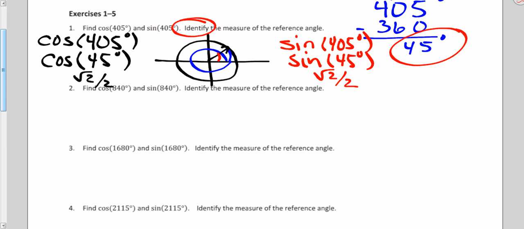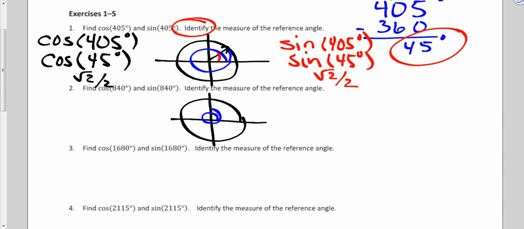Now, listen up please. If I want to find the cosine of 840 degrees, I want to find 840 degrees. Let me ask you this: if I go once around, how many degrees is that? 360.